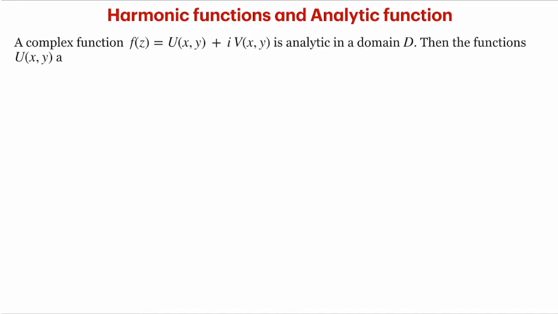So let's continue with some of the properties of analytic functions in connection with harmonic functions. If a complex function f of z equal to u plus i v is analytic in domain D, then the functions u of x,y and v of x,y are harmonic in D. So this is the main connection where we have u of x,y and v of x,y of two variables satisfying the Laplace equation.